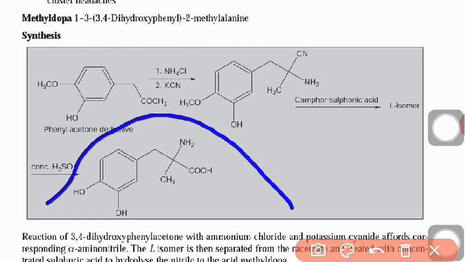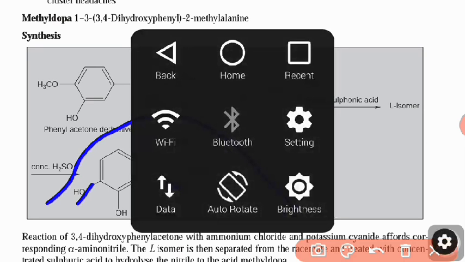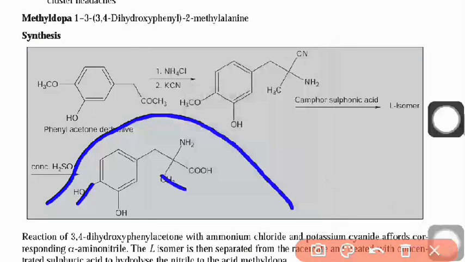In the tyrosine there is no OH and there is no methyl group. So when these names are given like 3 hydroxy and 2 methyl group, then tyrosine. So that is another way of giving the name for methyl dopa.